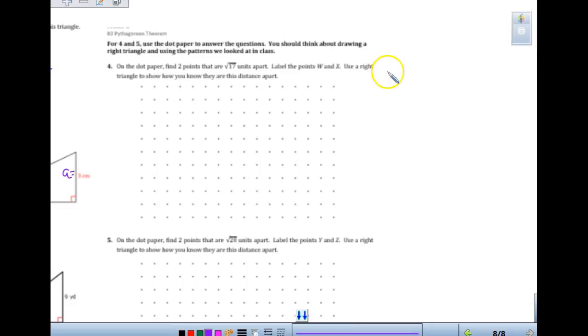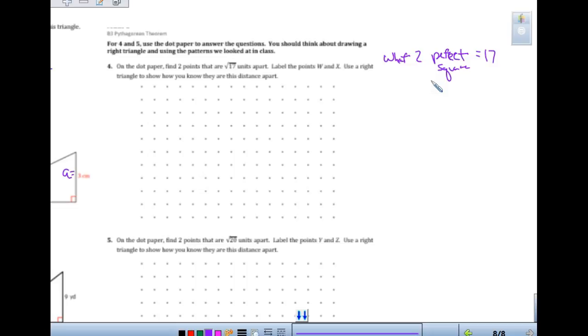And what I want you to think of is what 2 perfect squares add to 17. So think of your list of squares. 1, 4, 9, 16, 25, 36. Which 2 perfect squares add to equal 17?